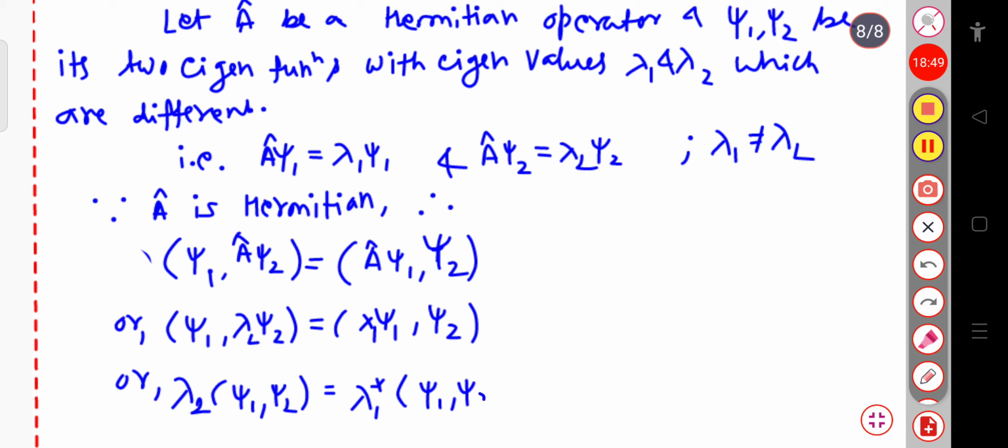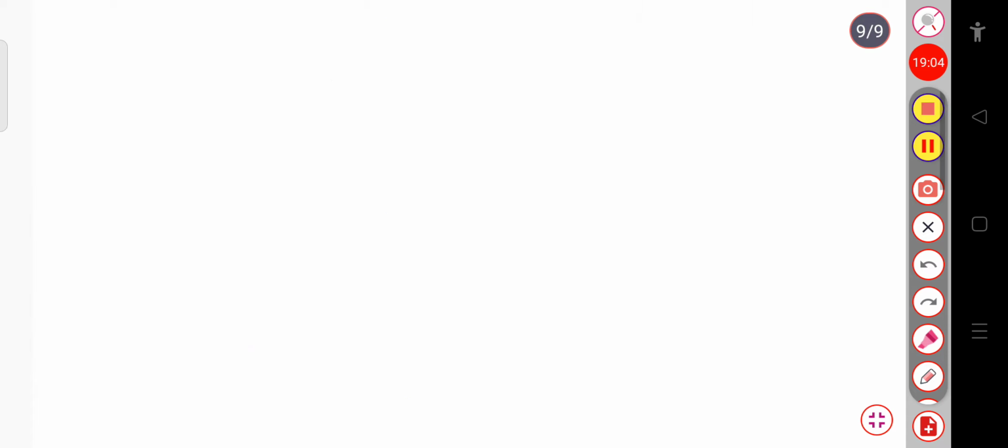Here we have considered lambda 1 and lambda 2 are different, and since the eigenvalue lambda 1 of a Hermitian operator is real, in place of lambda 1 star I can write lambda 1.